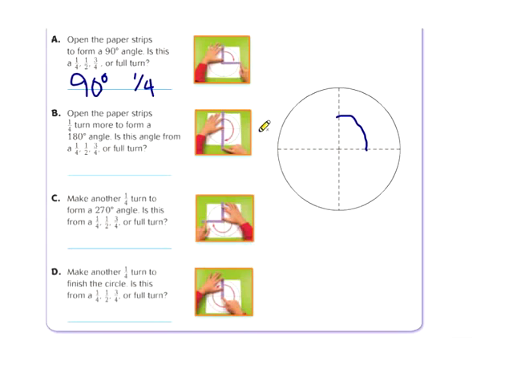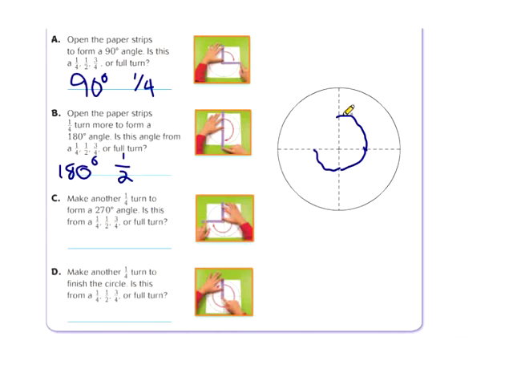Now we're going to go 1/4 more. The angle that we've drawn and could measure here would be a half turn, which we measured 180. And then we're going to go 1/4 more.